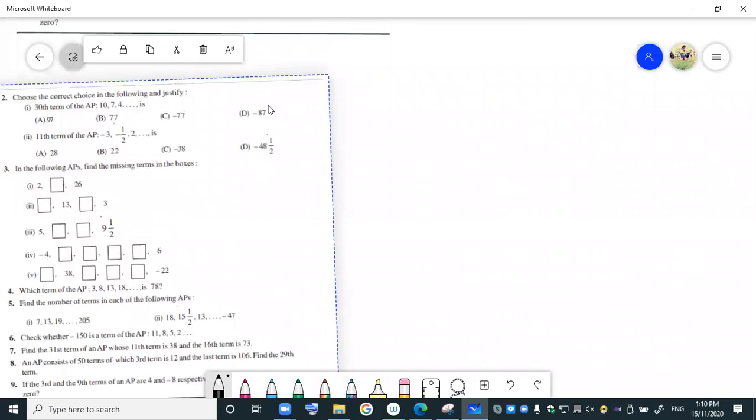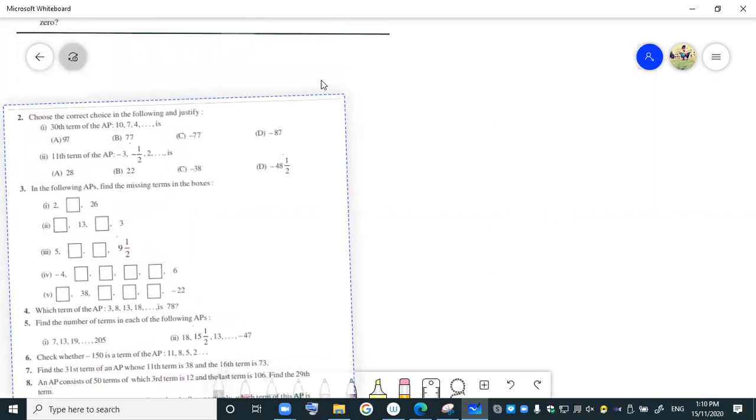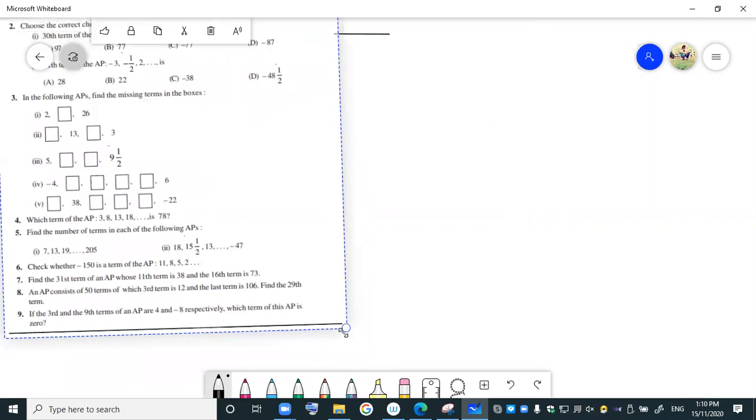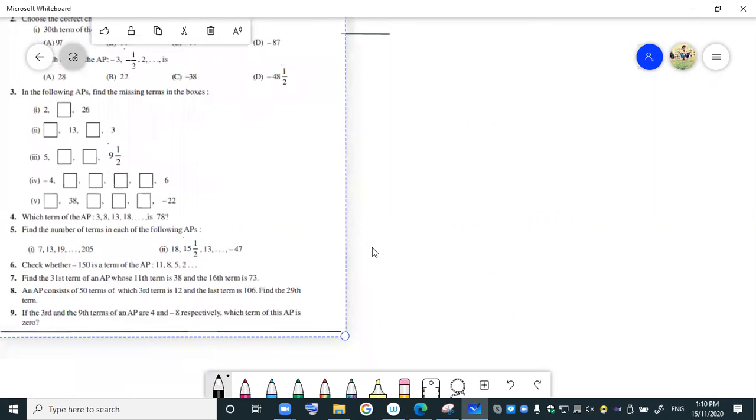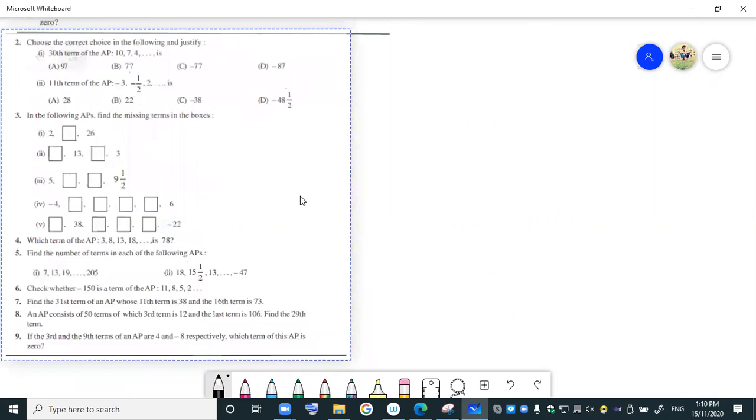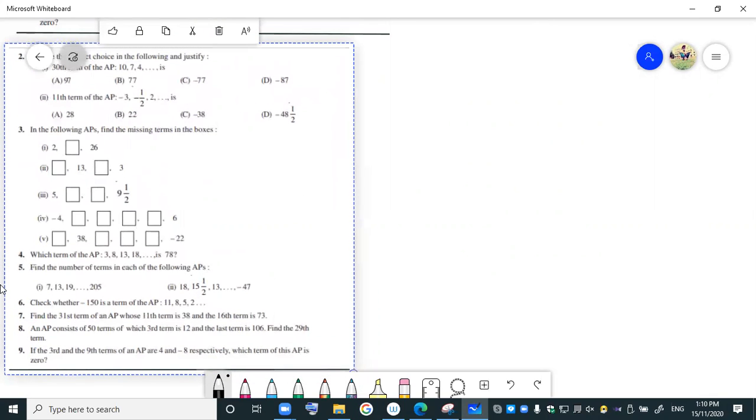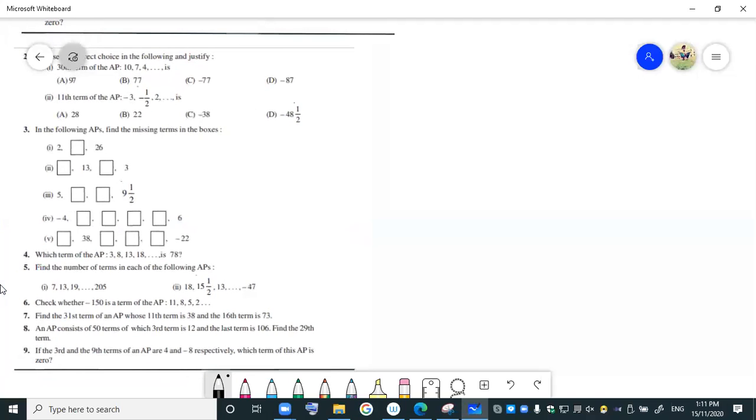The sequence is minus 3, minus 1 by 2, 2 and so on. Find its 11th term.